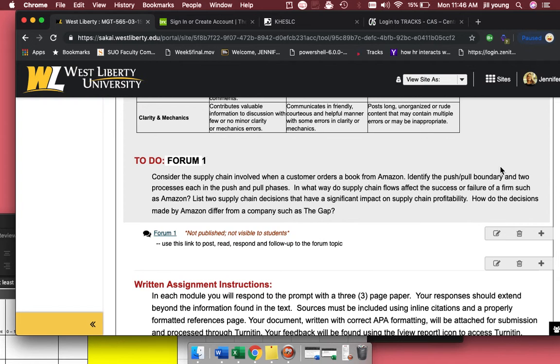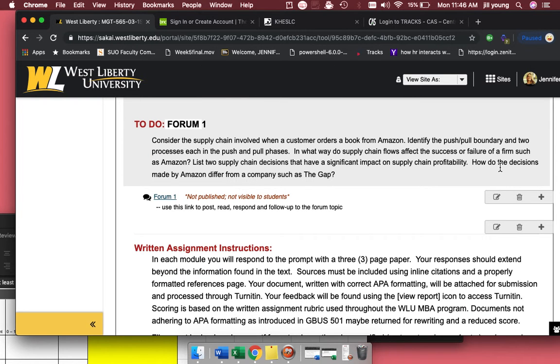So, for your first discussion question, you're going to consider the supply chain process when you order a book from Amazon. In this case, you have to identify the push-pull boundary and 2 processes in each. And then in what ways do supply chain flows affect the success or failure of a firm such as Amazon?